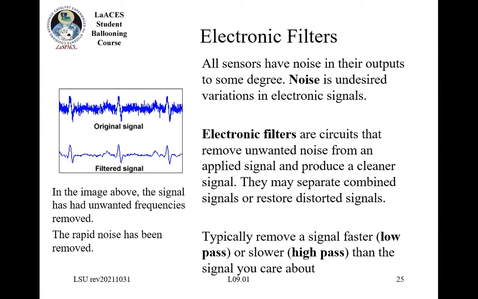You are allowing the high frequency signal to pass through. As a generic example, you can see I have this really rapid variation due to noise, and here's the signal that I'm interested in within that noisy signal. If I use a low pass filter set to a certain frequency, I'll basically average out this fast variation in noise, and I'll just be left with this slower signal.